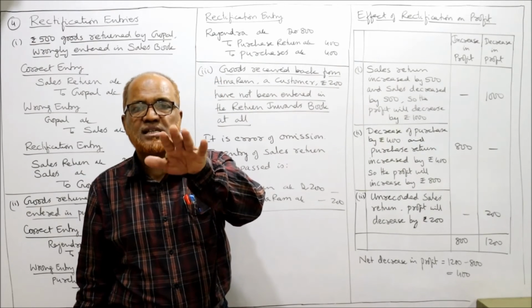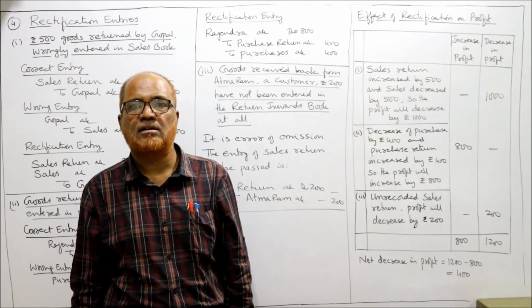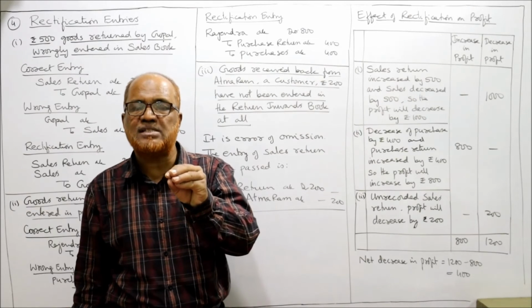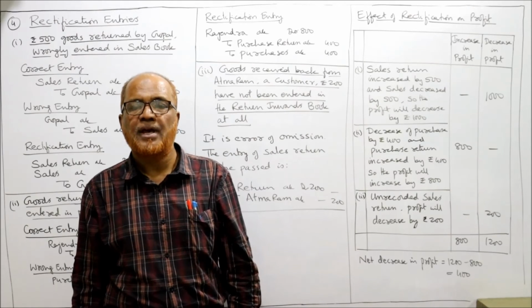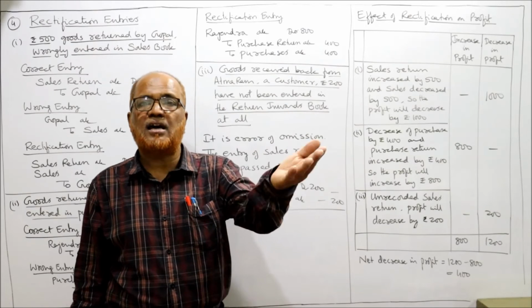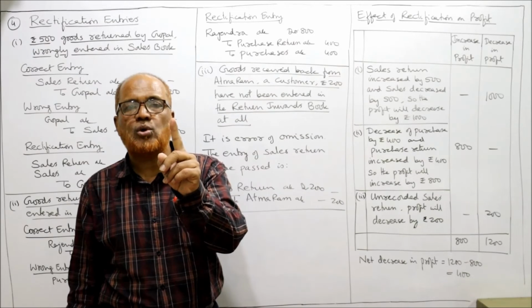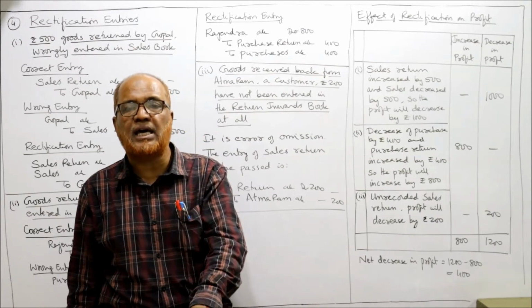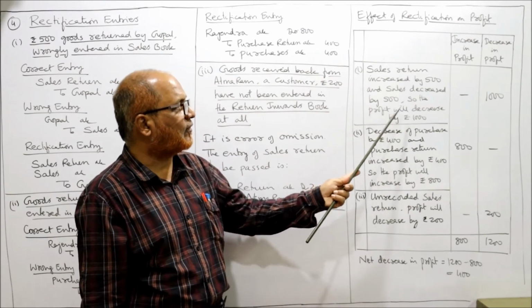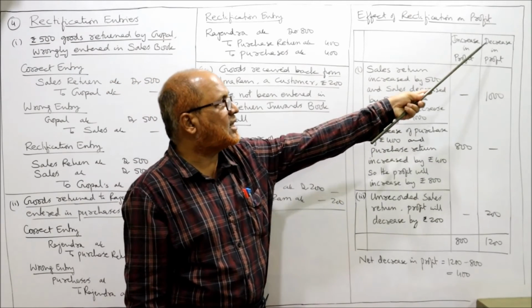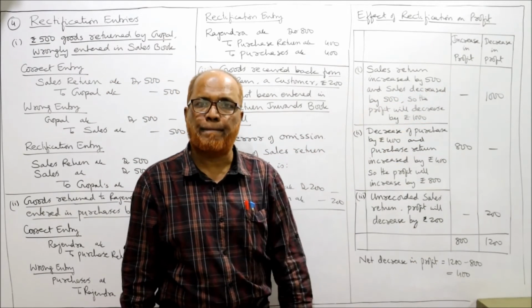So here 500 rupees sales have decreased and sales return increased by 500. So the effect on profit is 1,000 rupees profit will decrease. So here I have written profit will decrease by 1,000 in the decrease in profit column.